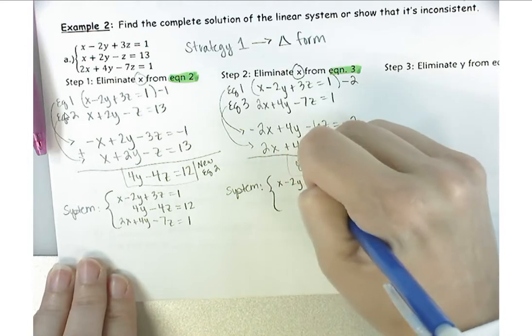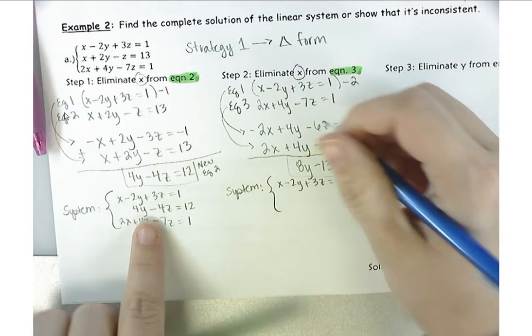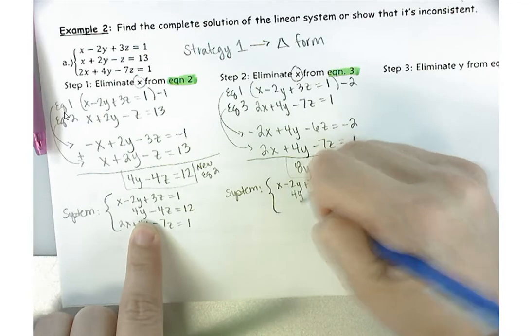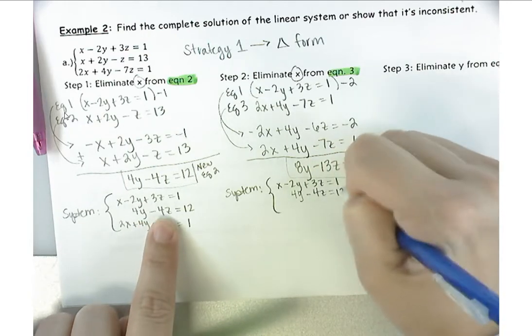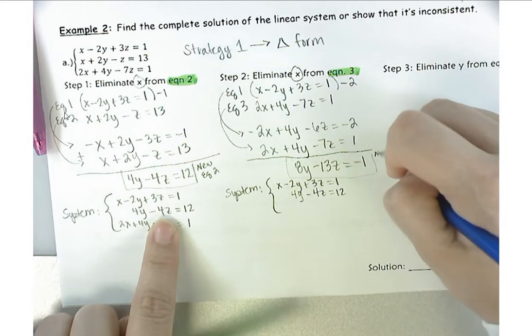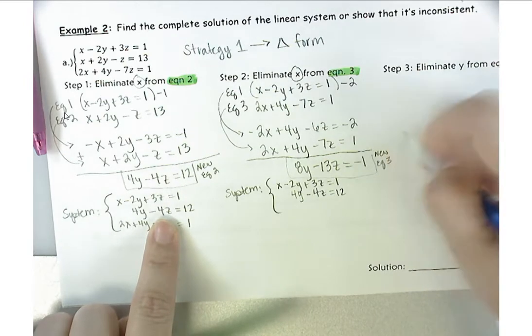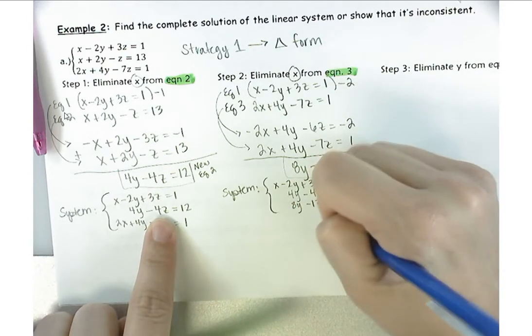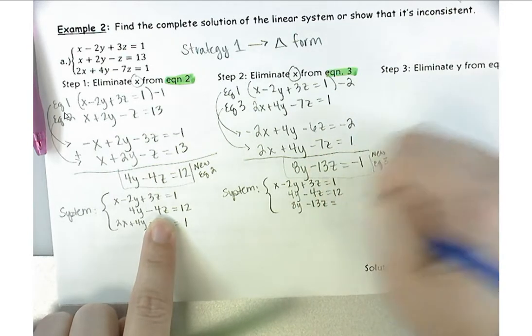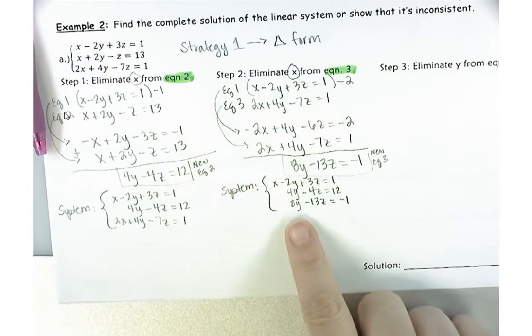So equation 1 is the same. Equation 2 is the same from our previous step. But this is our new equation 3. The only problem is equation 3 still isn't in the form that we want it in because we don't want the y.